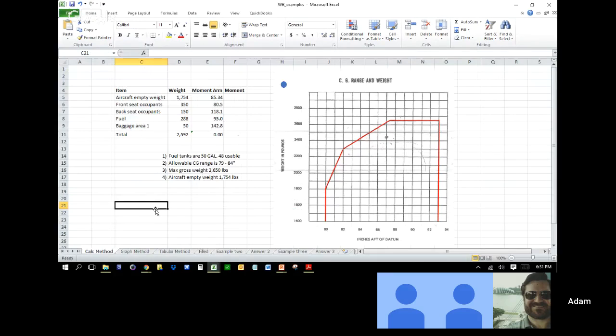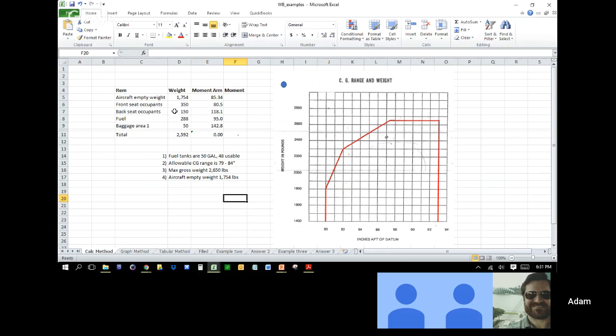Throughout this, I'm just going to use the same aircraft, just to make it a little easier to understand as we go through this. There's my CG operating envelope right here over to the right. I've got a maximum gross weight of 2650, denoted by this top line up here.